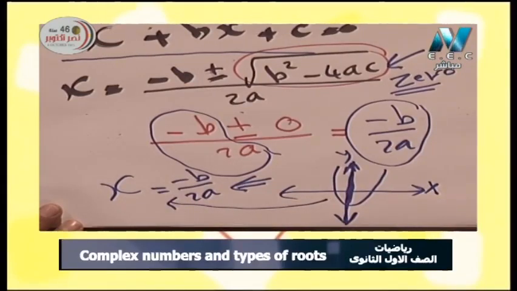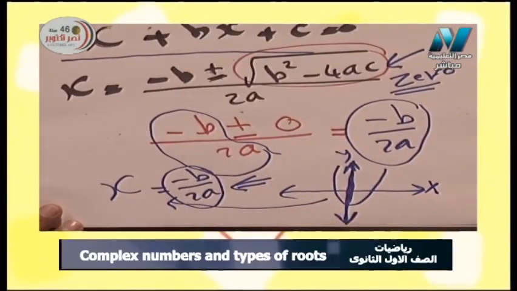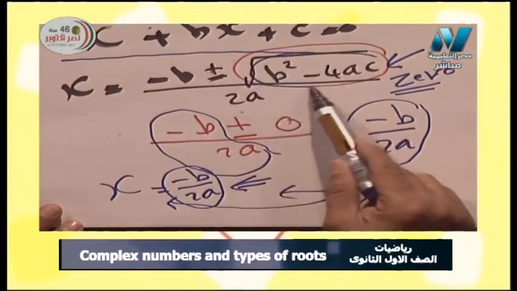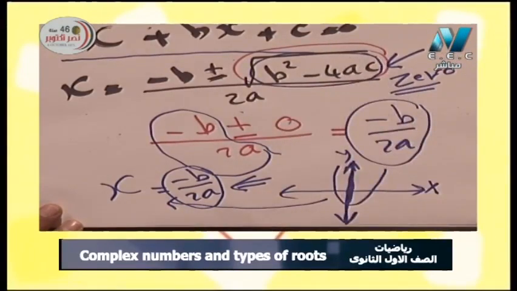And the 2 roots are equal, and each of them equals this number. So if the discriminant b power 2 minus 4ac equals 0, then x equals just one number. That means that the 2 roots are equal in magnitude, and x equals this number, which is the axis of symmetry of the parabola.